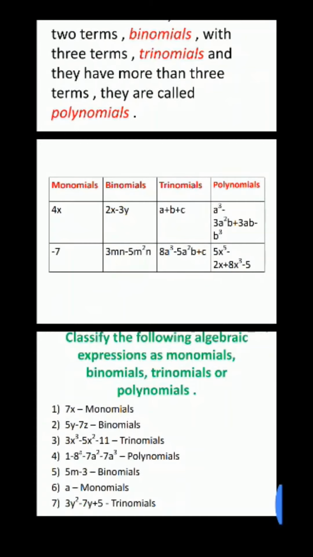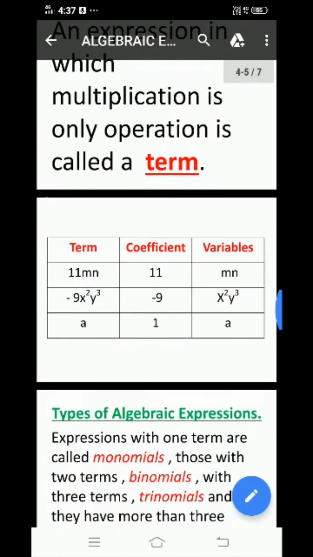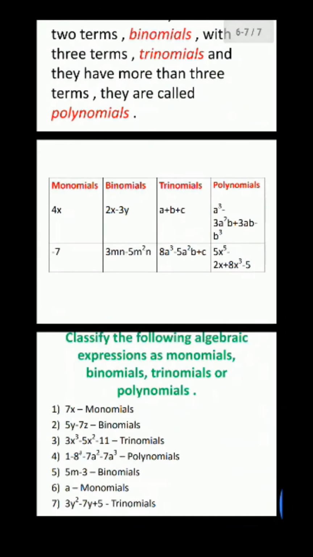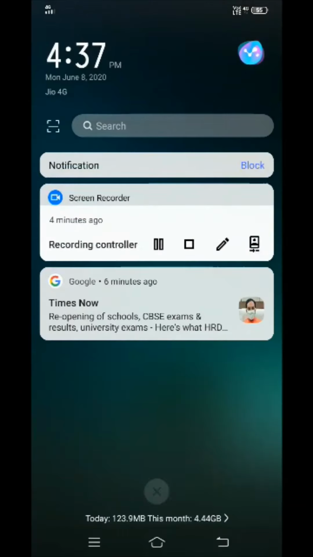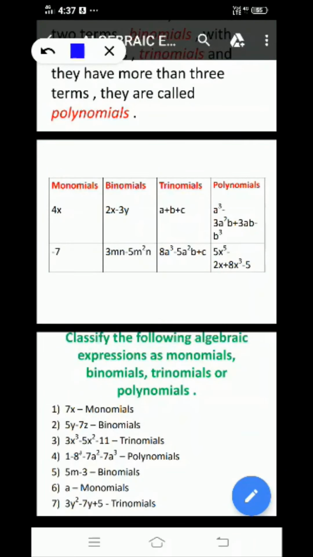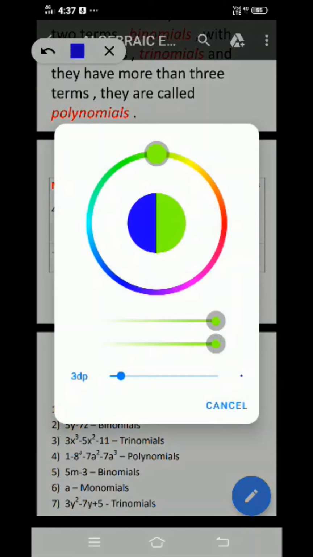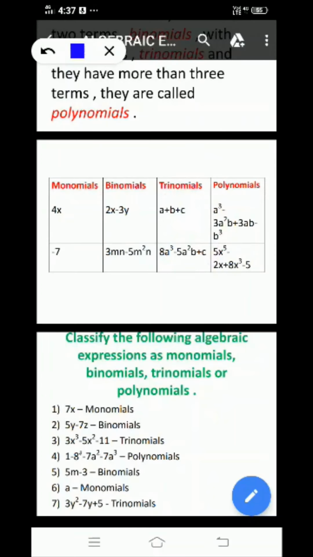Next, classify the following algebraic expressions as monomials, binomials, trinomials or polynomials. 7x is a monomial.